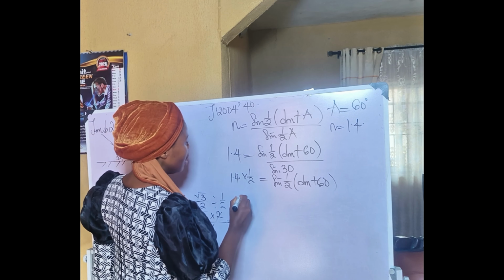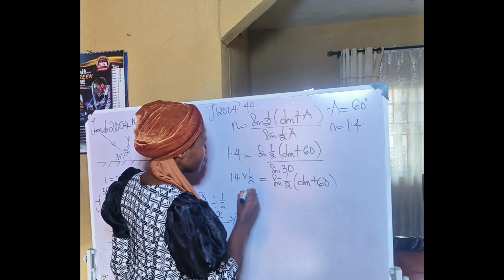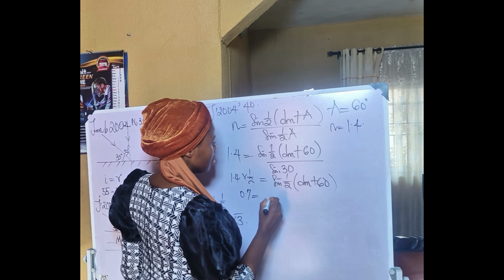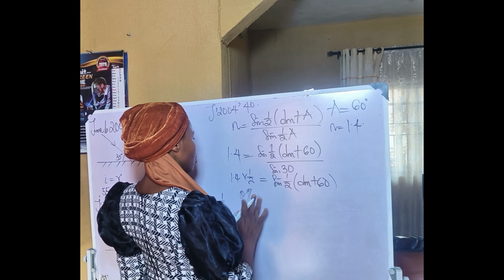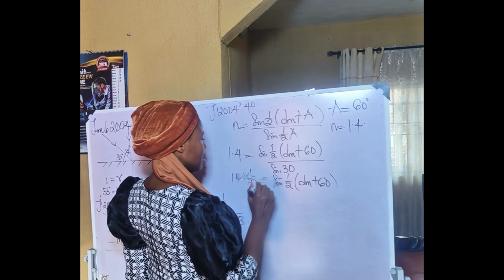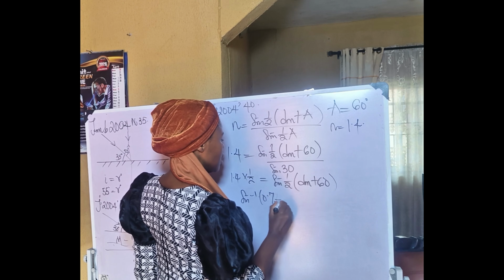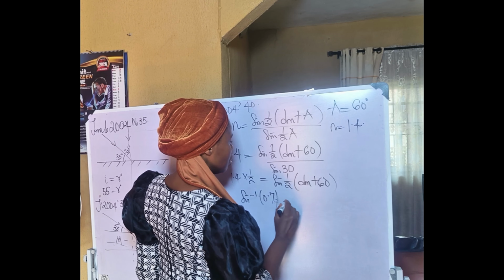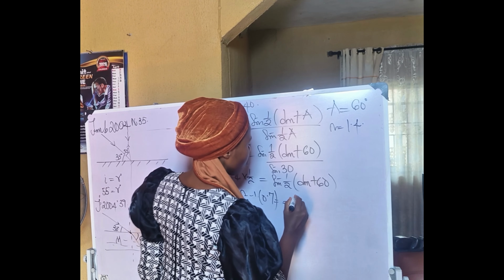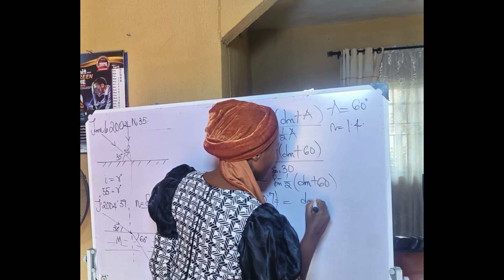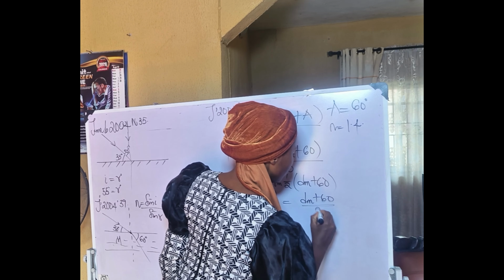So we have 0.7 is equal to sine half of dm plus 60. So I look for the sine inverse. So I'll be saying sine inverse of 0.7 is equal to half of dm plus 60 all over 2.